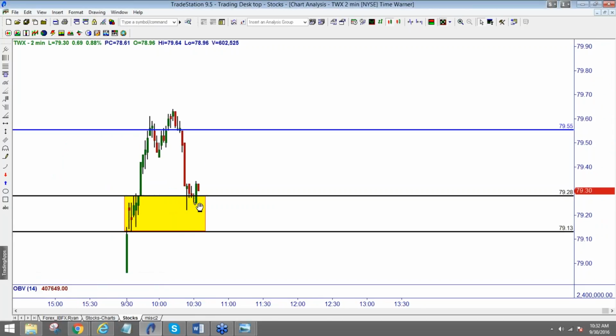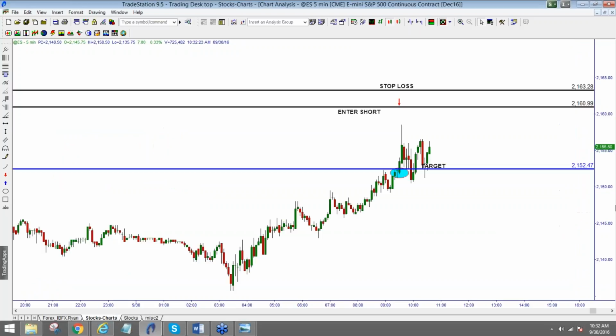All right, Time Warner's hanging on, doing what it's doing. S&P starting to move a little bit, but also backing off.